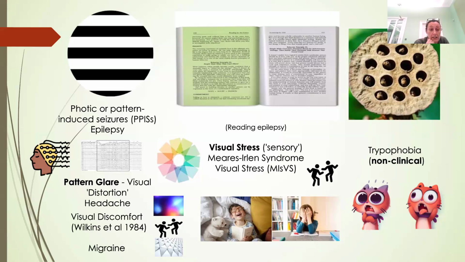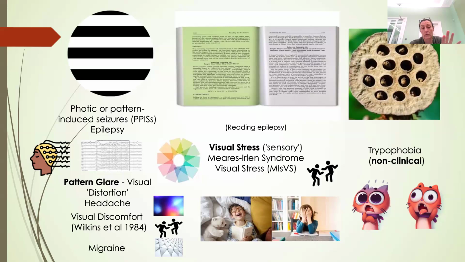In the non-clinical population, a condition called pattern glare occurs when people look at these stripes and experience visual distortions such as colour, motion, or shapes appearing, similar to what's experienced with the text. This was called visual discomfort back in 1984 by Wilkins. It should also be noted that people with migraine report more distortions when looking at these stripes.